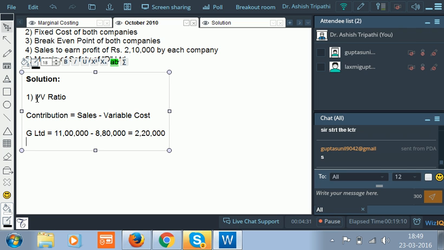Same way, let us calculate the contribution of D Limited. What is the sales of D Limited? 14 lakhs. Minus D Limited's variable cost, it is 10 lakh 50,000.